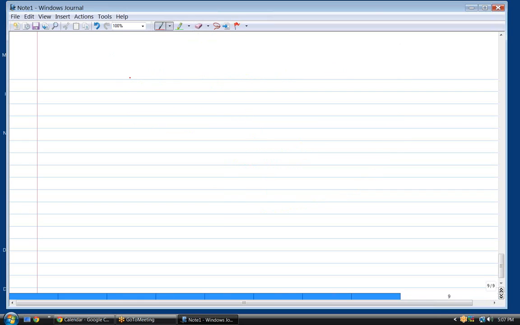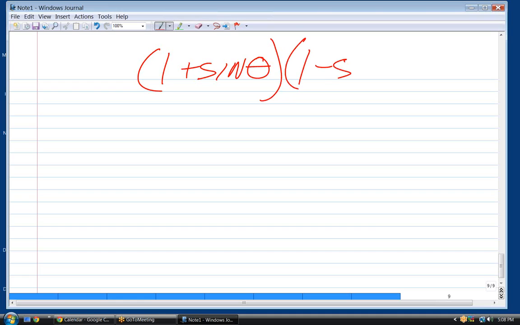What's another one? They make these pretty easy at the beginning. So now it's (1 plus sine of theta) times (1 minus sine of theta) equals cosine squared of theta. Let's multiply these two things together.